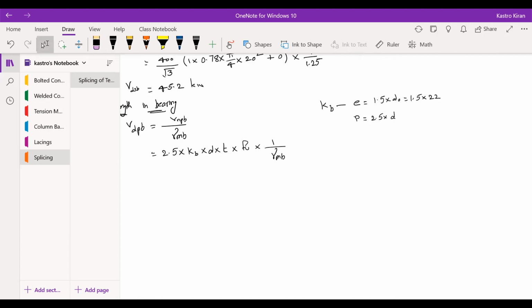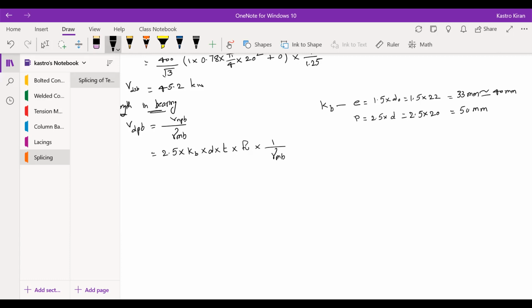You will get 33 mm, so I'm considering it as 40 mm. And 2.5 into D, where D is the diameter of bolt, which is 20 mm, so this will be 50 mm.